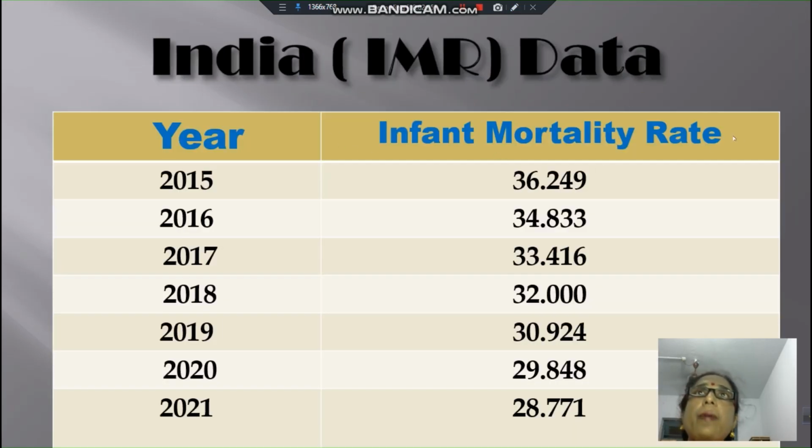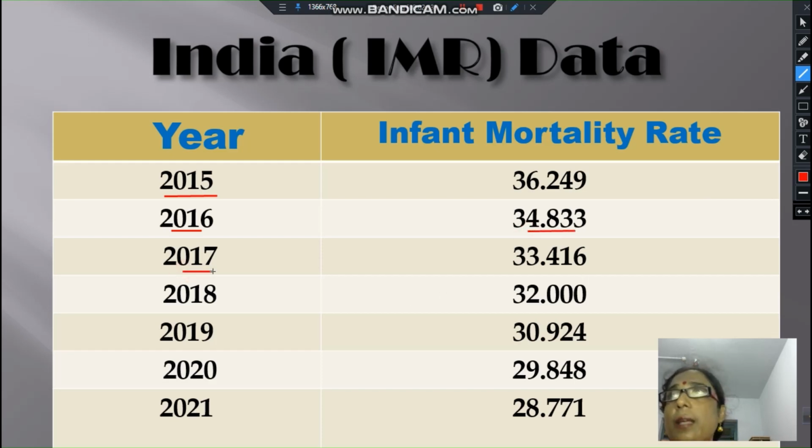here is the infant mortality rate of India. This table indicates a vivid picture of the IMR in India. In 2015, the IMR was 36.249, and in 2016 IMR was 34.833, and 2017 33.416, and in 2021 it decreased to 28.771.